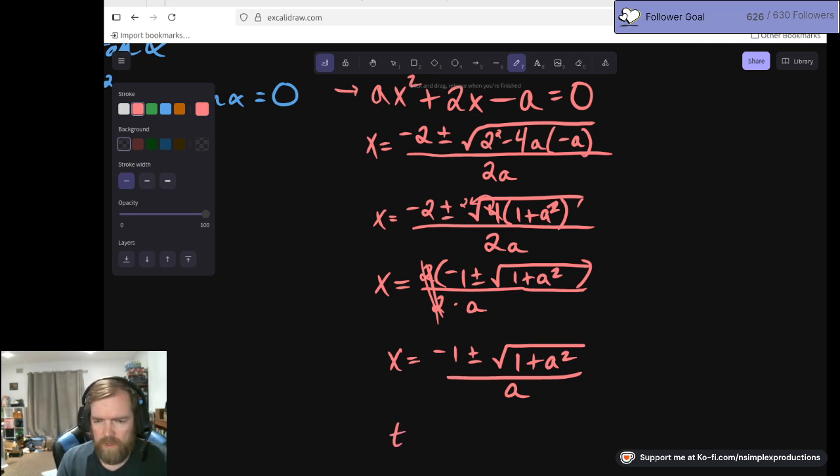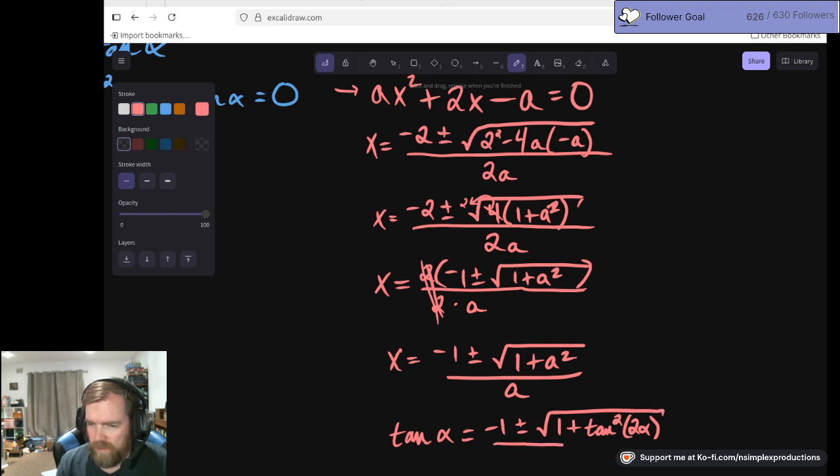Okay, so this is tangent of alpha is equal to negative 1 plus or minus square root of, that's kind of weird, 1 plus tangent squared 2 alpha, all over tangent of 2 alpha.